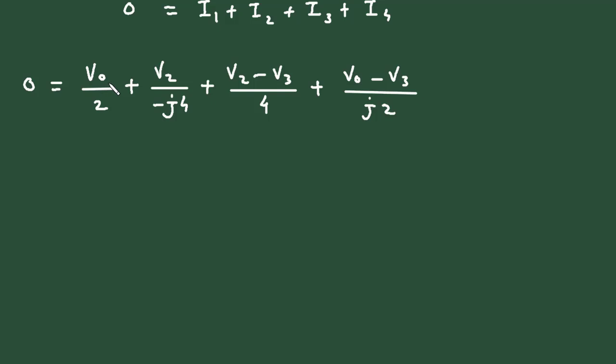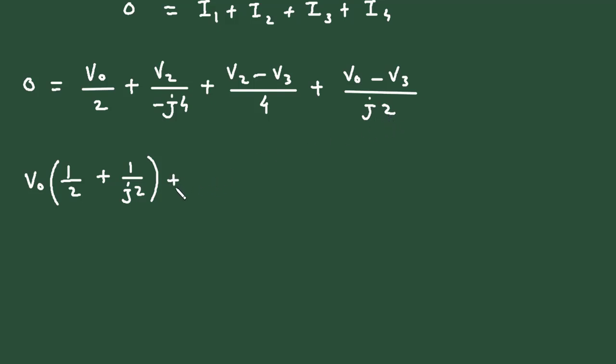Now let's simplify this. So here we can take this VO common first. So it will be 1 by 2 plus 1 upon J2.